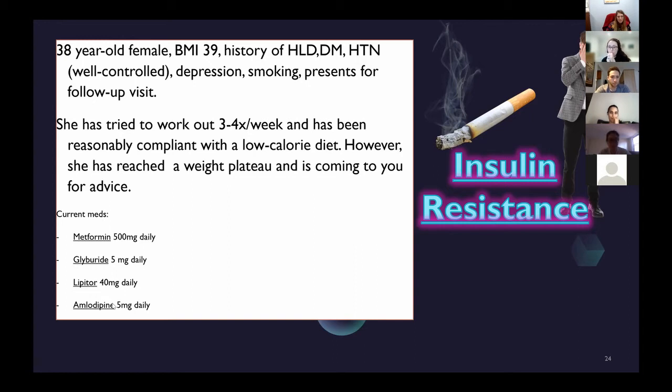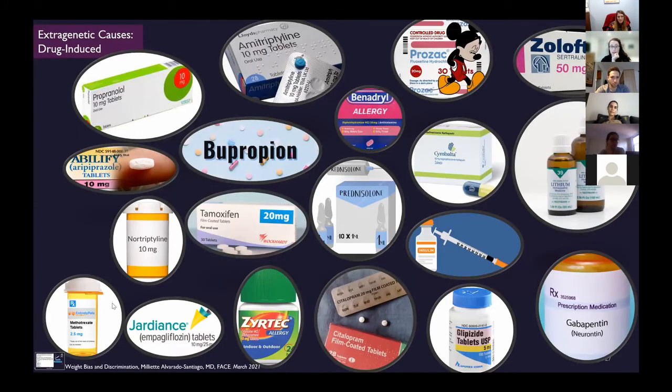So you said try to switch glyburide for a GLP-1 if amenable to injectable. There are two things about that. Glyburide, I'm just going to quickly show you guys here, these are drug-induced causes of obesity that we should avoid. Not all of them. Tell me what here will not cause weight gain.